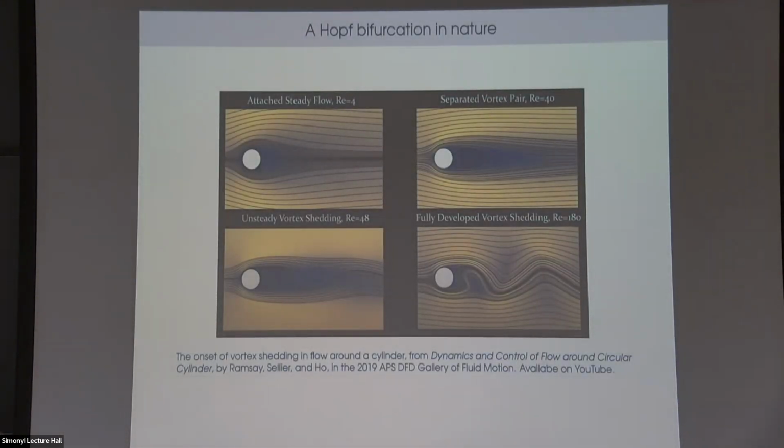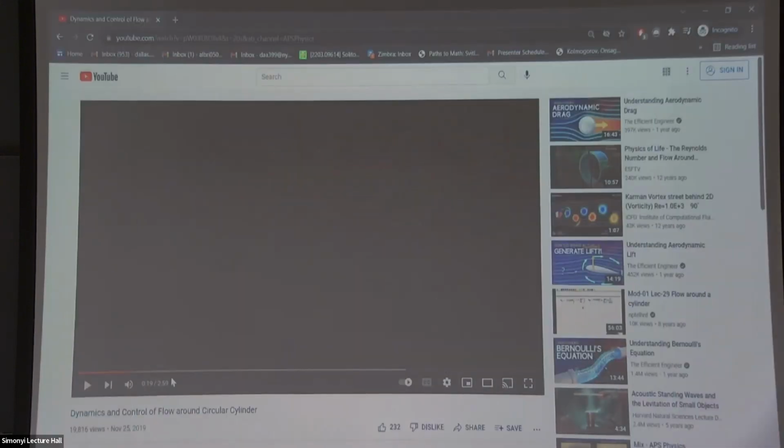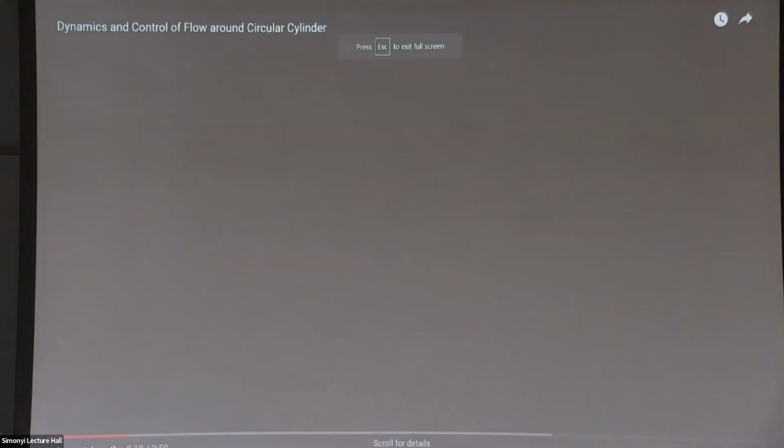Okay, these kinds of bifurcations are not mere mathematical fancy. I mean, they're really motivated by bifurcations that occur in nature. There's a short video I just want to watch. So this is a Hopf bifurcation in flow around a cylinder.